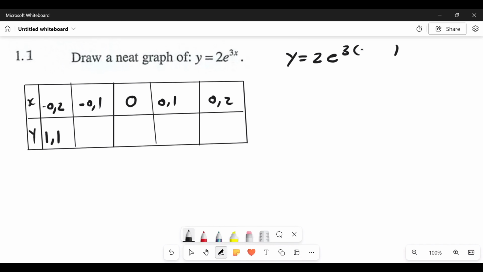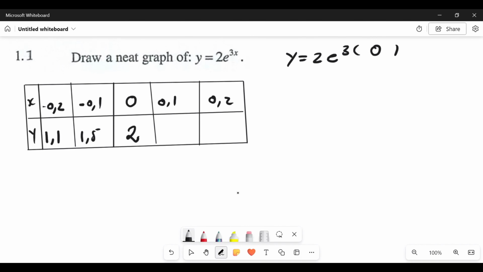Now when x is negative 0.1, what is our y? Our y is going to be approximately 1.5. When x is 0, our y is going to be 2.